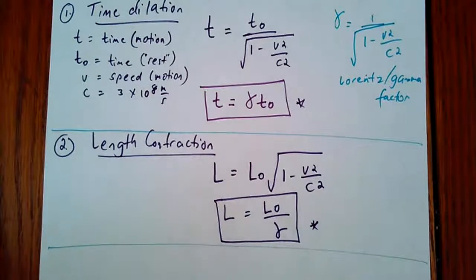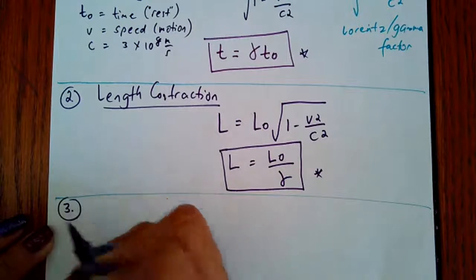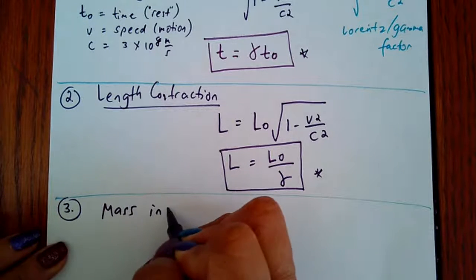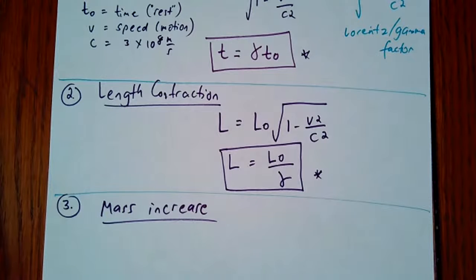The last thing that is a consequence of traveling at high speed is the mass increase. So imagine you are running, and the faster you run, the more your mass increases. As you're running faster and faster, your mass actually increases, which means that in order for you to sustain that speed, or at least maintain that speed when your mass is already increasing, you need to input more energy into your body.